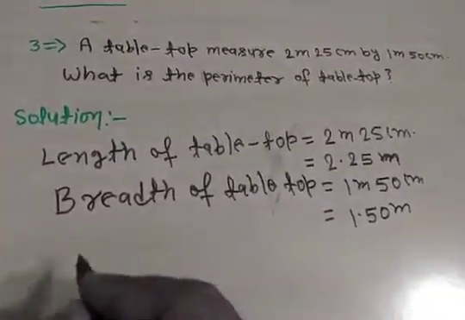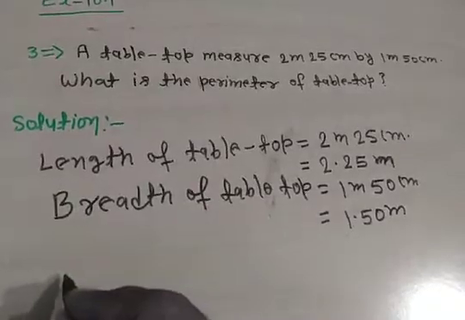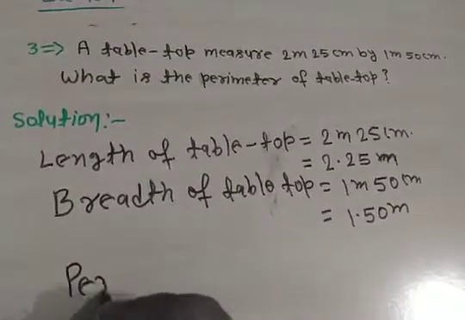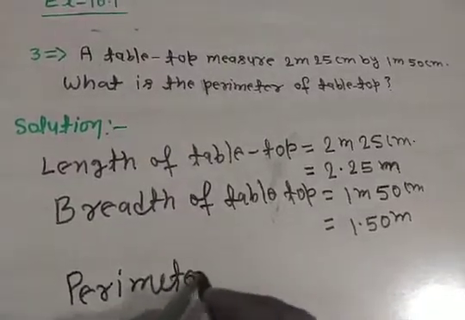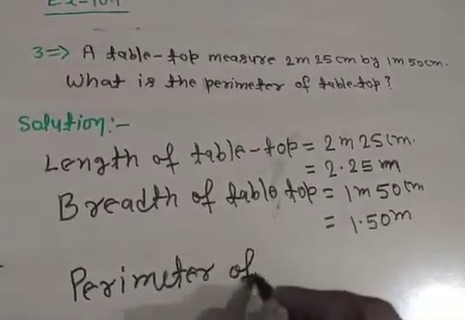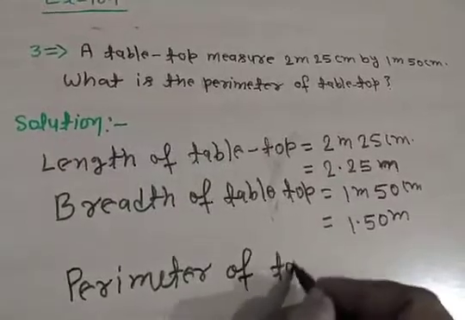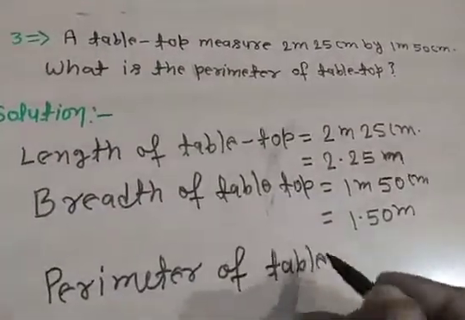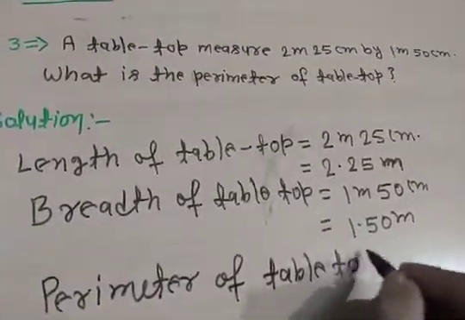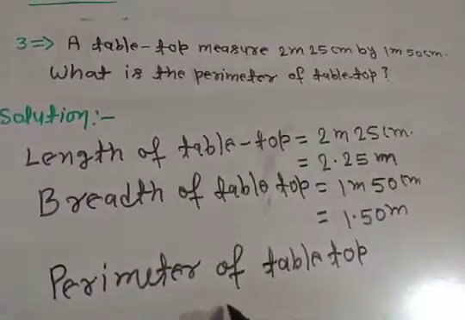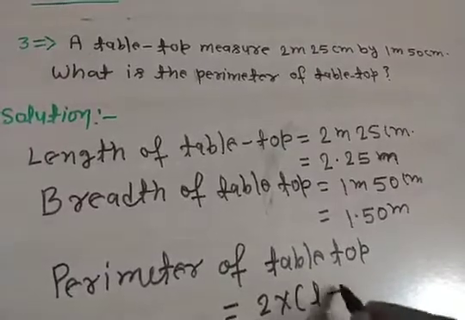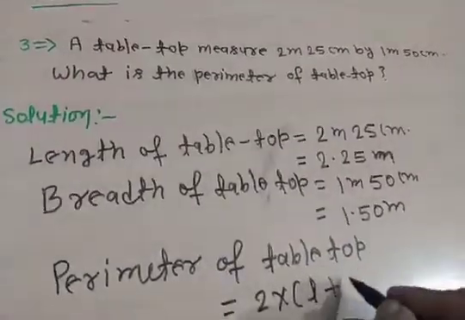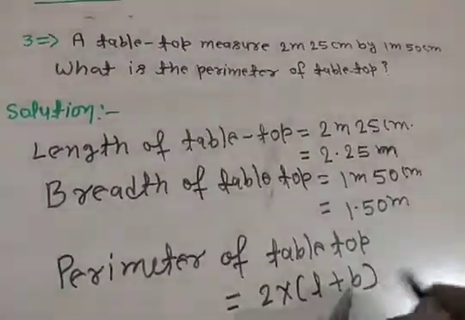Now the perimeter of the tabletop is equal to 2 into (length plus breadth).